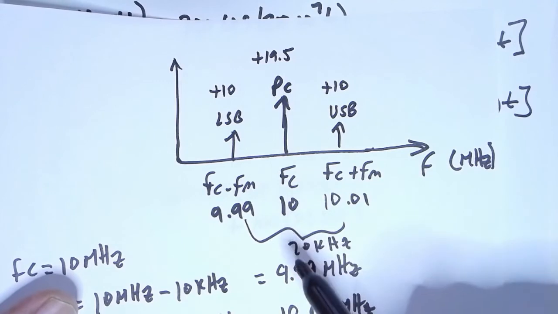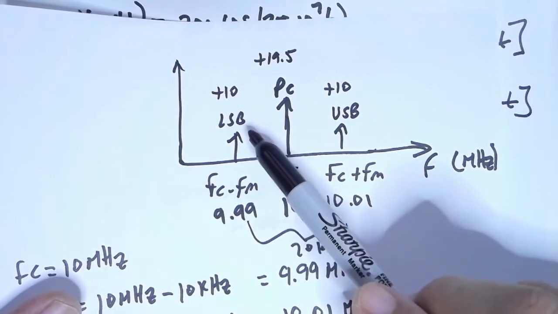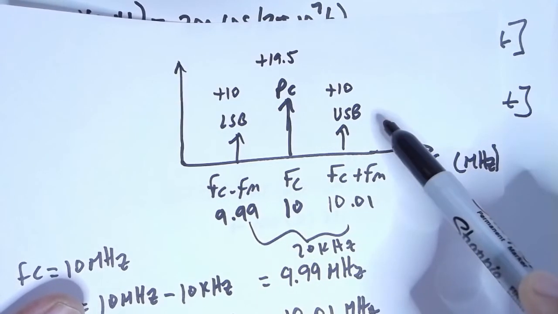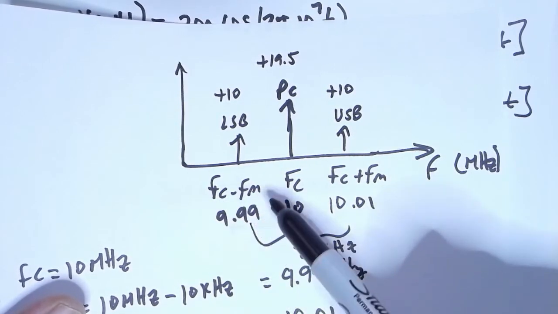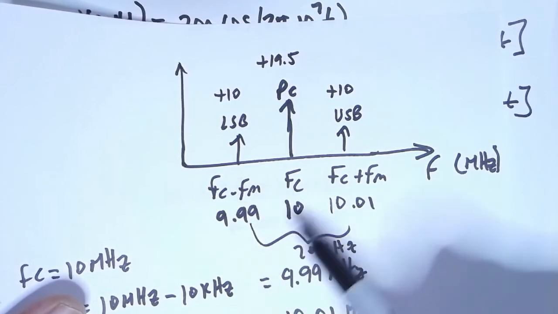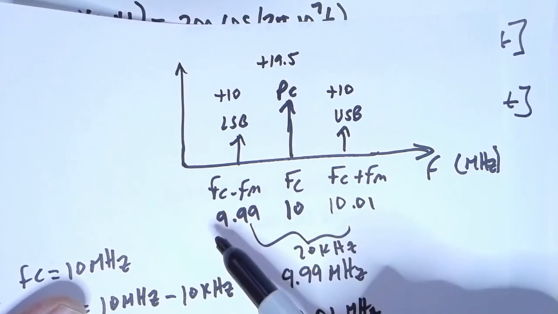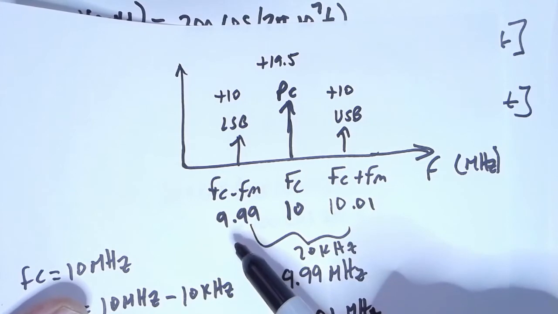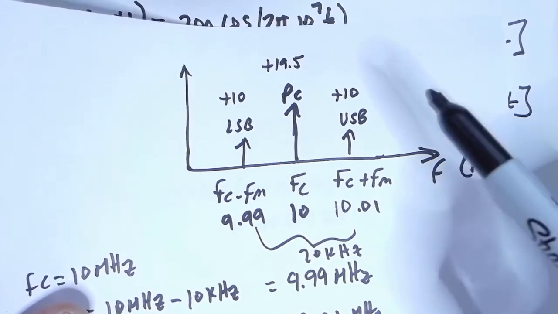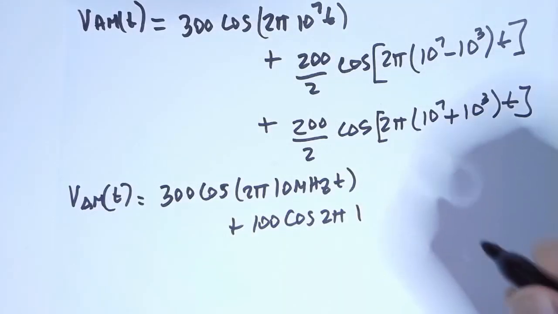One is the carrier at 10 megahertz, and we have a lower sideband and an upper sideband. The lower sideband frequency is given by the carrier frequency minus the modulating frequency, which is 10 megahertz minus 10 kilohertz, which is 9.99 megahertz. So that's what goes here.